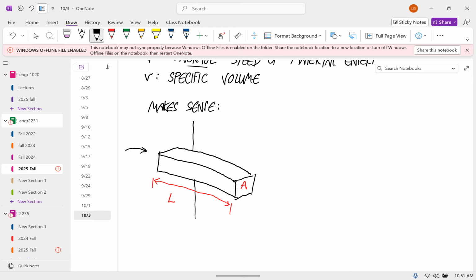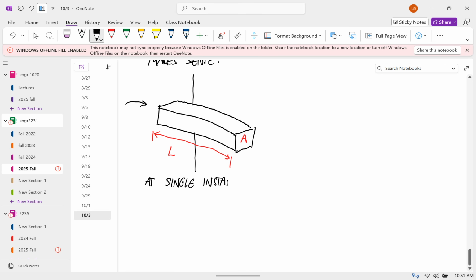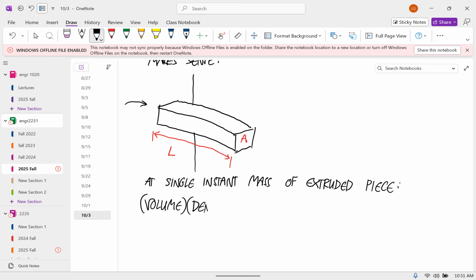At a single instant, the mass of the extruded piece is the volume times the density. The volume is the area times the length, so the mass is A times L divided by the specific volume.